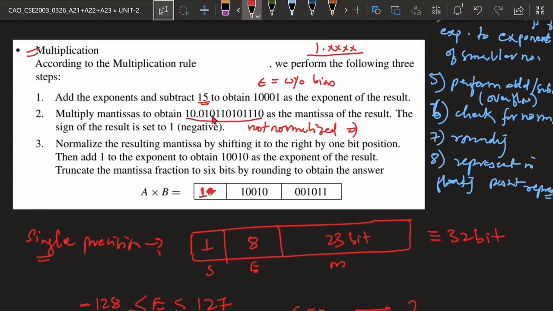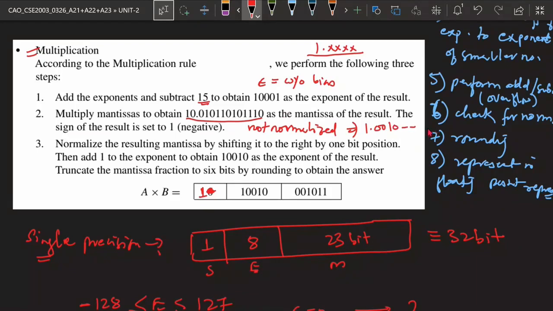For normalization the value should be less than 2, but it is greater than or equal to 2. So if it is equal to or greater than 2, we need to shift the binary point to the left side. The normalized value will be 1.0010 and so on, whatever number of bits there are. So this will be the normalized value.